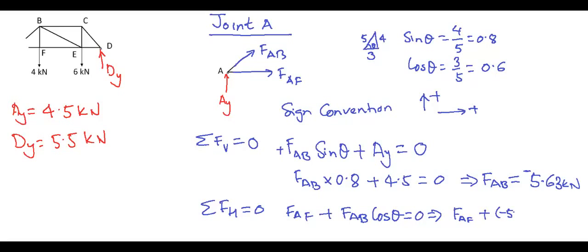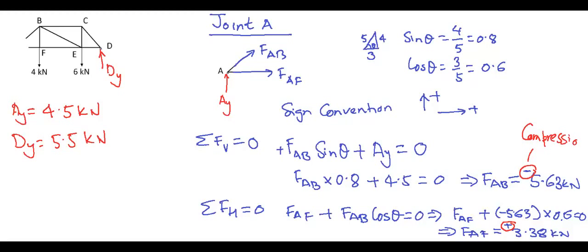Substituting the values of FAB and cos theta, we get FAF equals 3.38 kN positive. So remember the signs here. The negative means compression for FAB and positive means tensile for FAF.